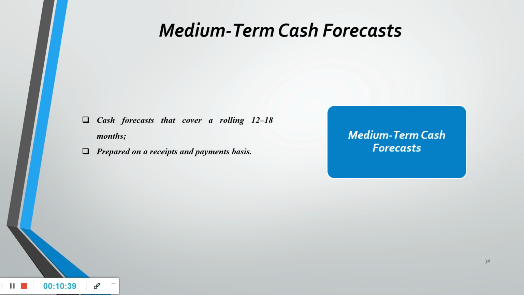Such rolling forecasts ensure that control of cash does not just go from financial year to financial year, but that consistent control is taken over the 12-month cycle. Medium-term cash forecasts are usually prepared on a receipts and payments basis, with emphasis being placed on the key drivers in cash management. Use by Treasury of the medium-term forecast.